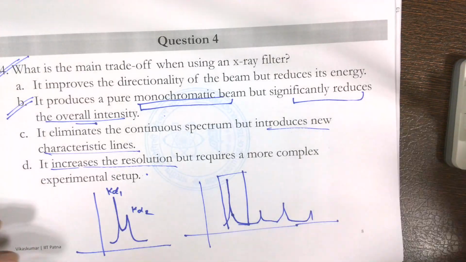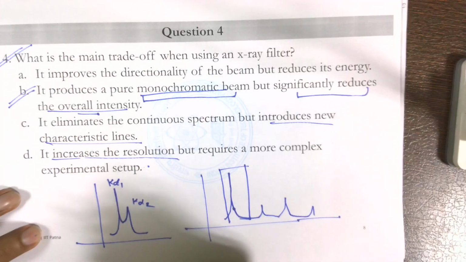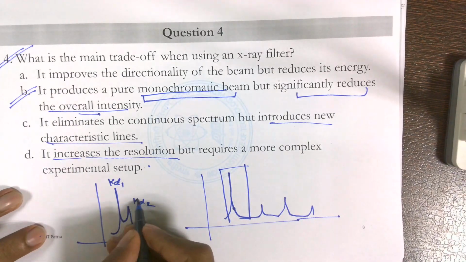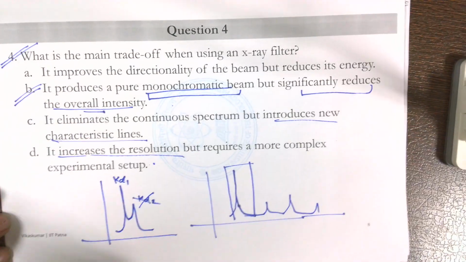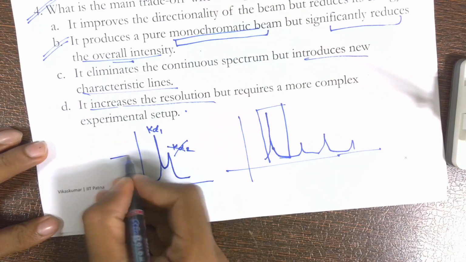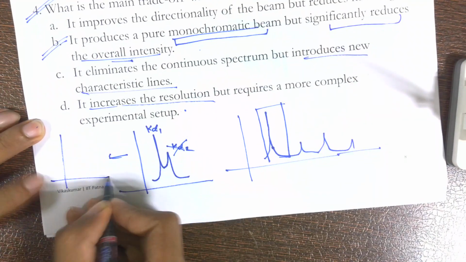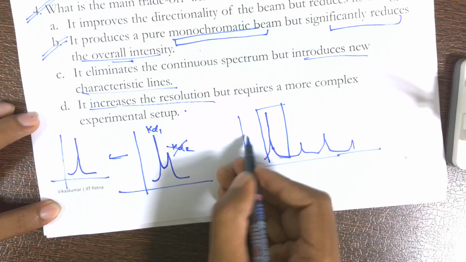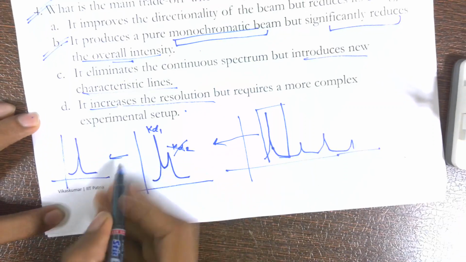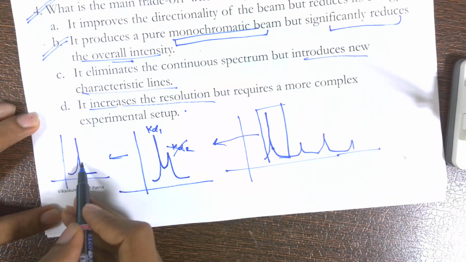The software you use to analyze has to deal with the K alpha 2. It tries to eliminate the K alpha 2. Once you do this, if you zoom into this region, you will see something like this. If you do the strip K alpha 2, you will get it over here.